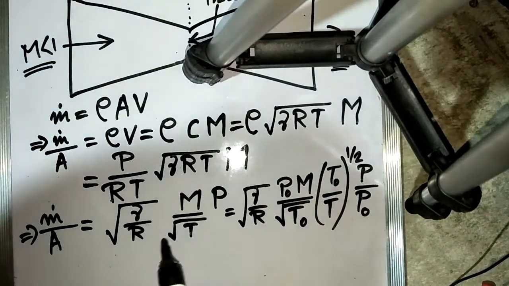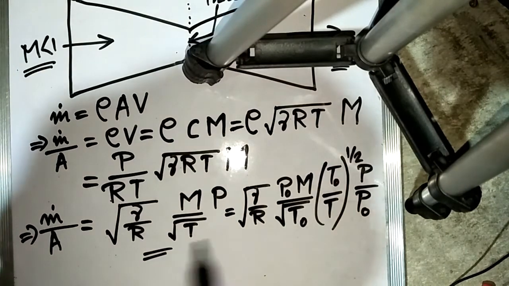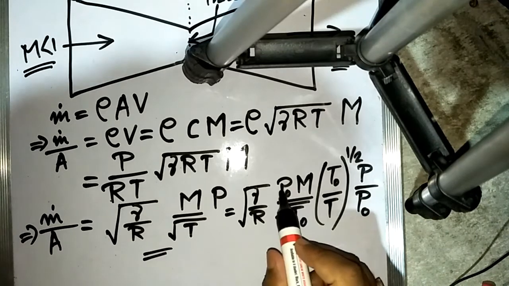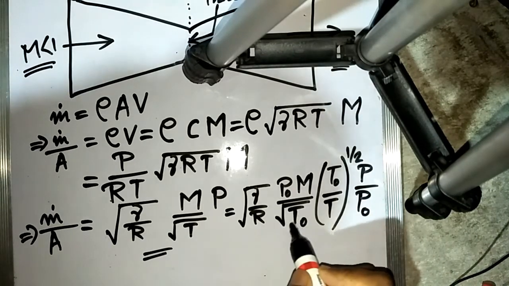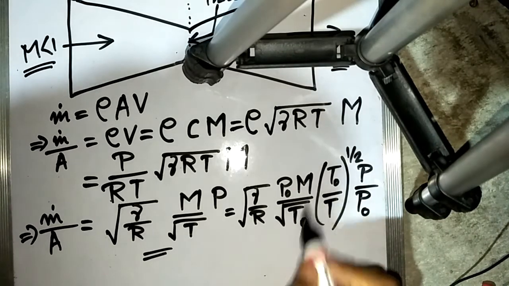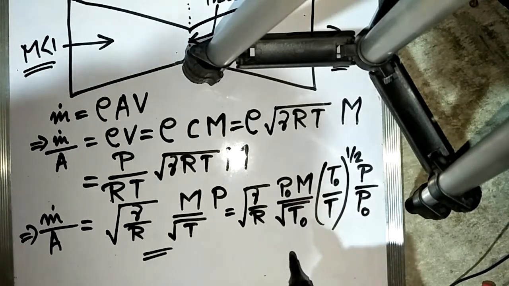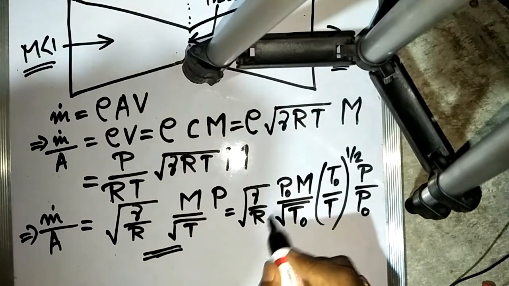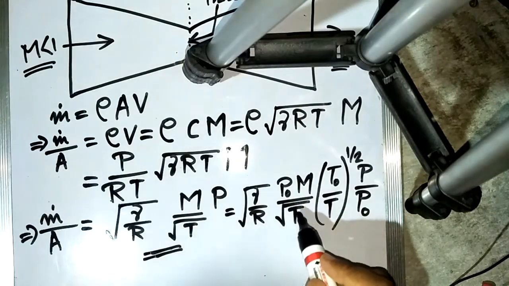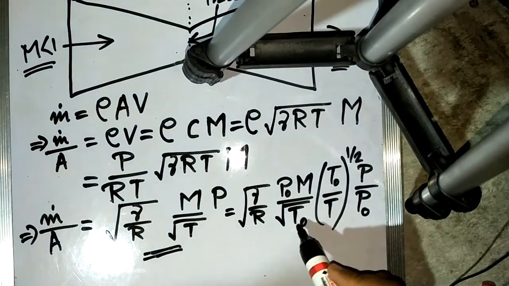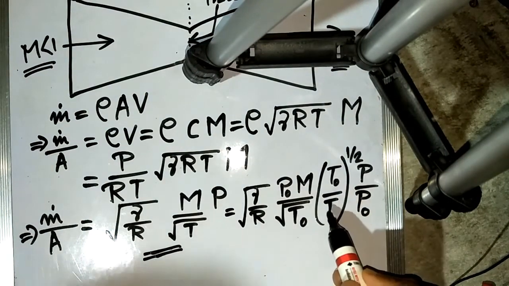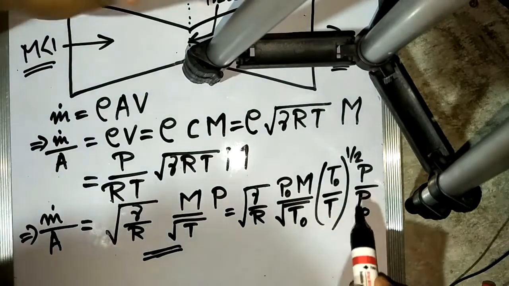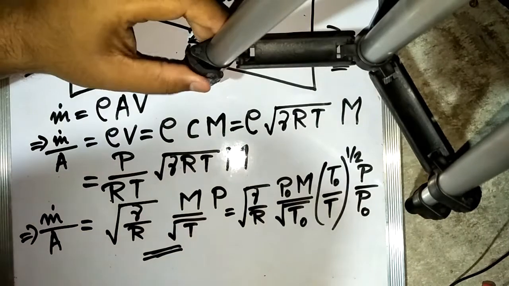We just multiplied P0 by P0 and root over T0 by root over T0 in the numerator and denominator, and we get this kind of equation.